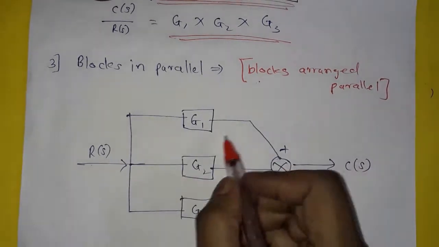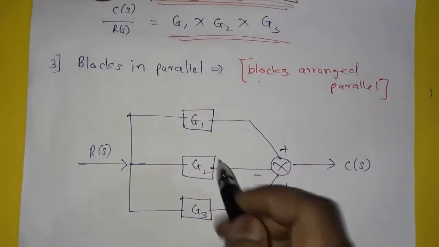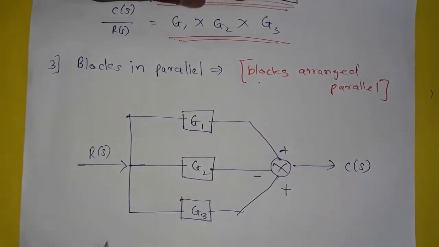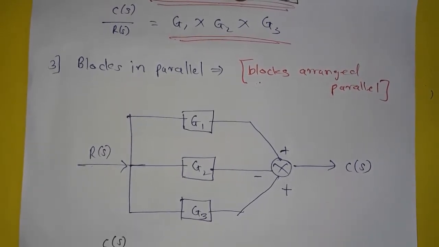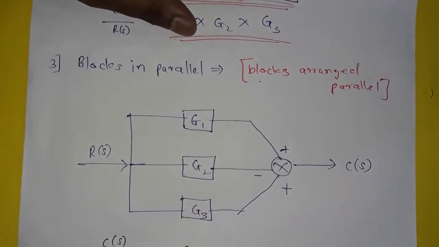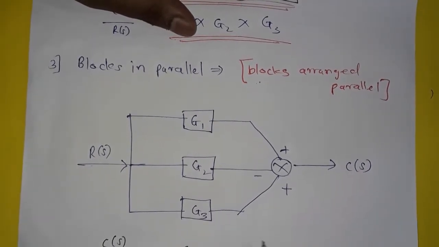Here these blocks are arranged in parallel position. Here C(S) upon R(S) is equal to G1 minus G2 plus G3.